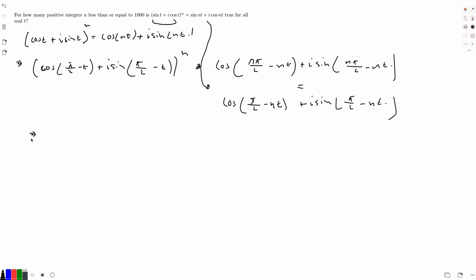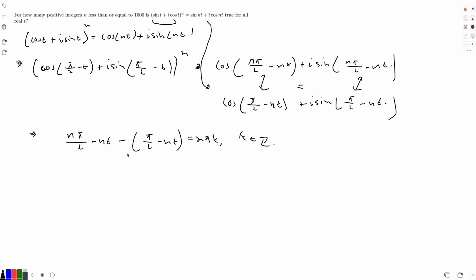Okay, now two angles have the same sine and the same cosine, these things are interchangeable, if and only if they differ by 2π from each other. So nπ/2 - nt minus (π/2 - nt) is equal to 2πk for some integer k.